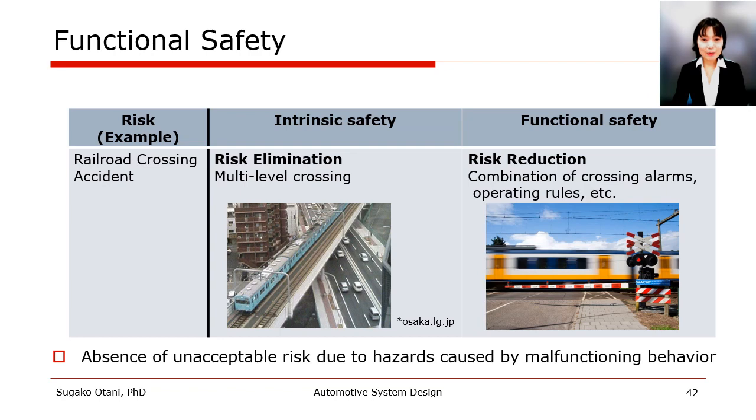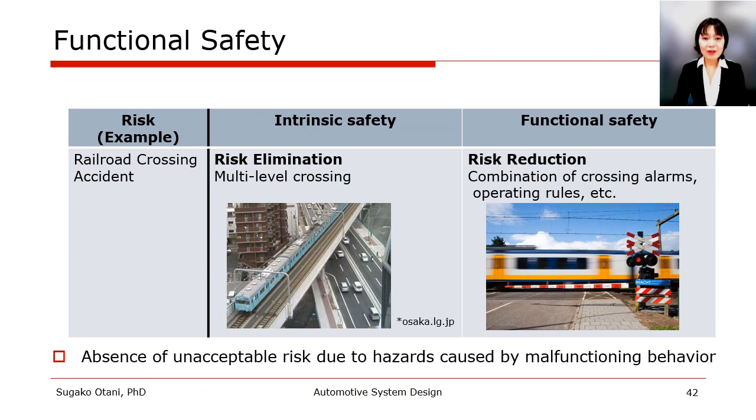As an example, let's consider what measures to take to prevent a train and a car from colliding when a road and railway intersect. Achieving intrinsic safety involves eliminating the inherent dangers of intersecting railways and roads by using an overhead crossing to eliminate the possibility of collisions between cars and trains.